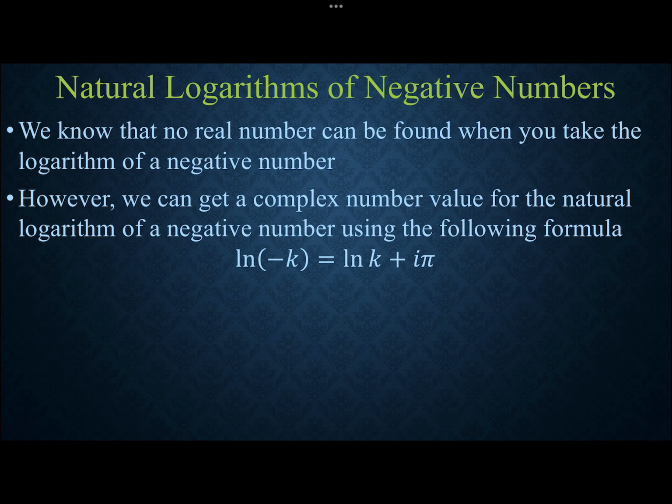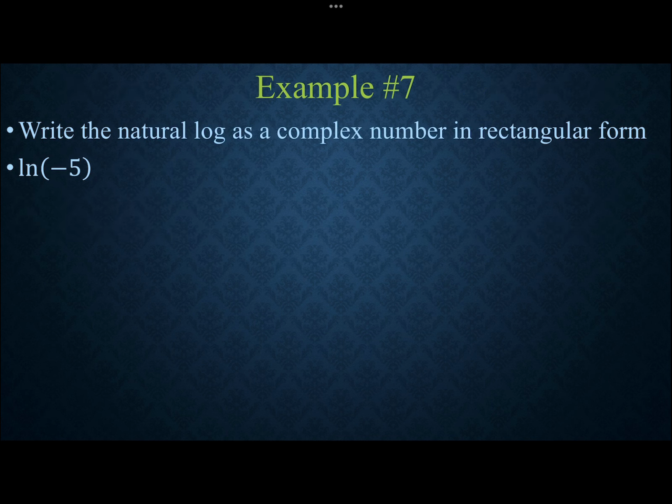We just take the positive value inside and have a complex term i multiplying by pi. So ln of negative 5 would just be ln of 5 plus i pi. That's all it is. If you need to evaluate ln of 5, just type it into your calculator. So then this would become 1.609 plus i pi.